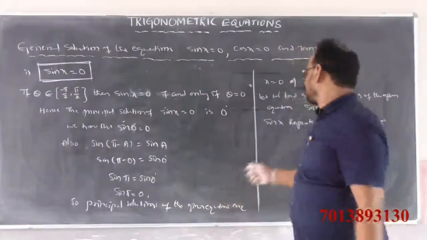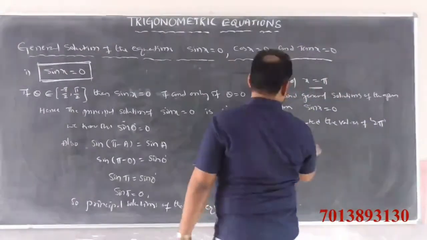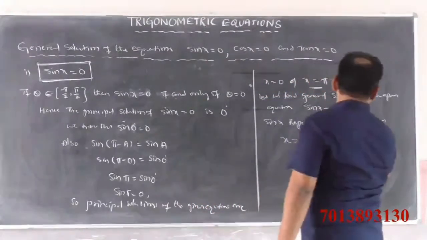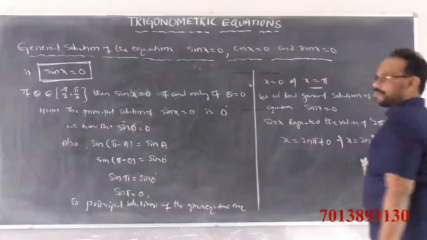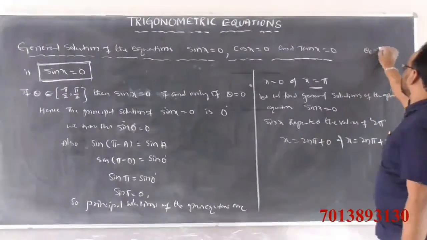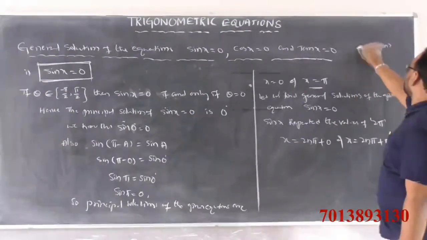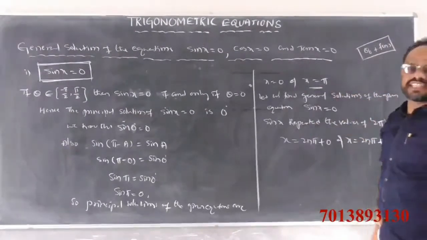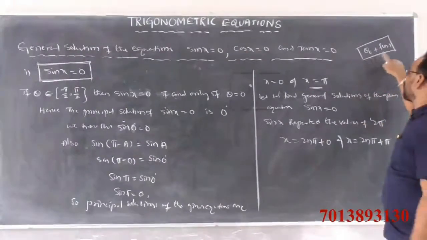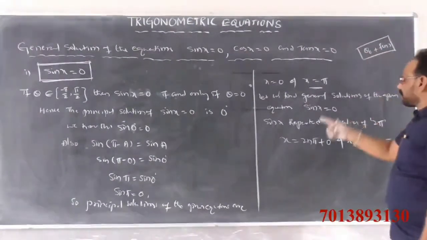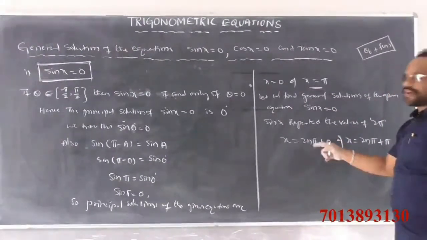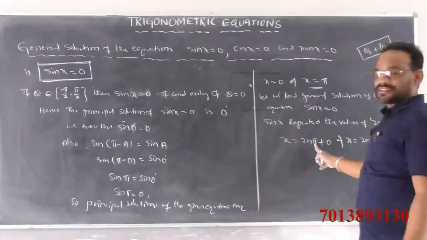So x equals 2nπ plus 0, or x equals 2nπ plus π. The general solution is an expression in the form θ₀ plus f(n), where θ₀ is a particular solution and f(n) is a function involving π.